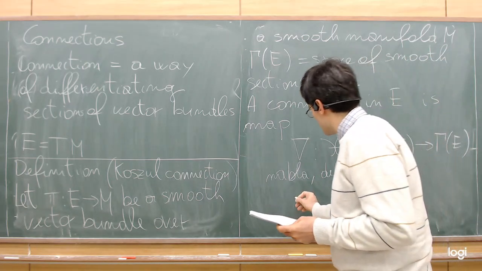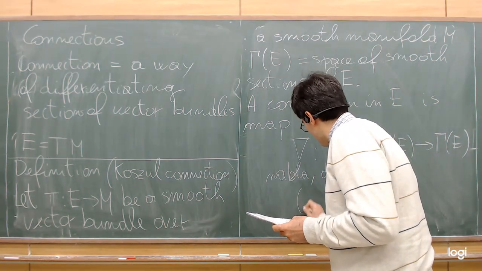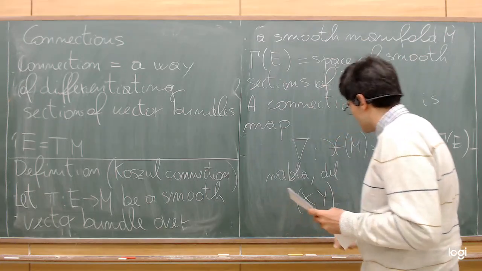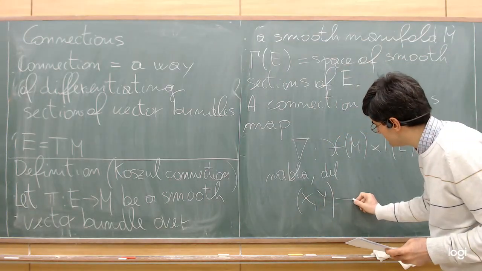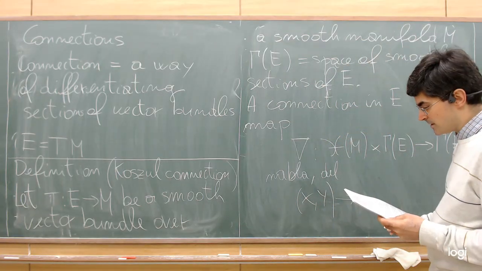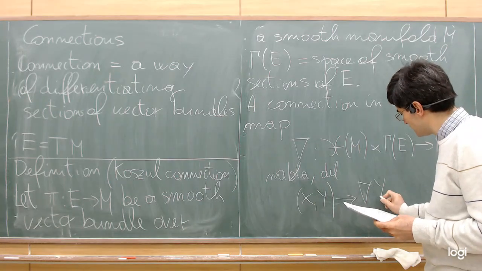It is written this way, so (X, Y) is a pair which is sent to ∇_X Y.